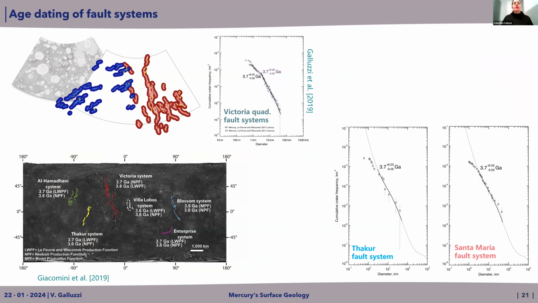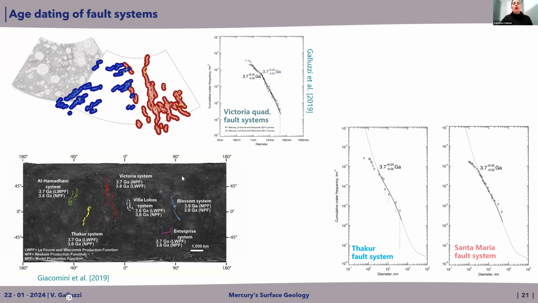What is the age of the scarps? So let's say, when did this global contraction happen on the planet? Giacomini et al. mapped and dated several scarp systems whenever they have the same consistent direction.